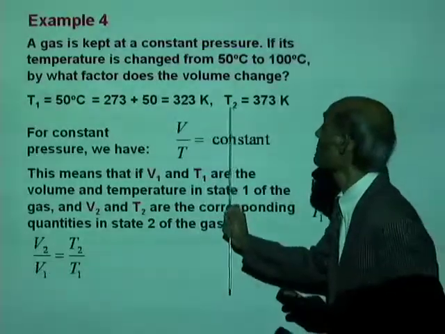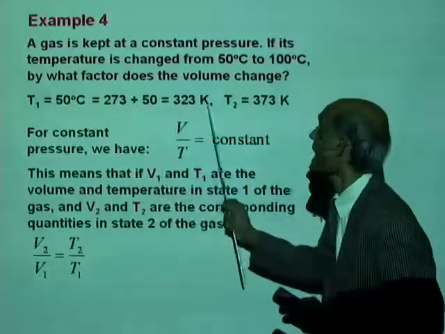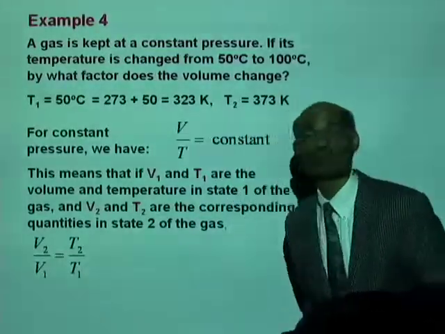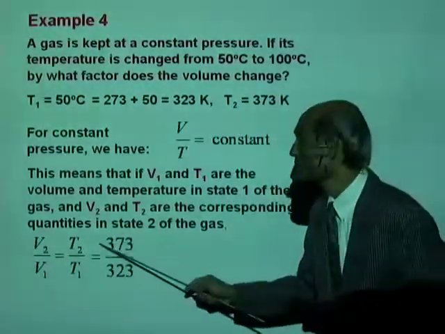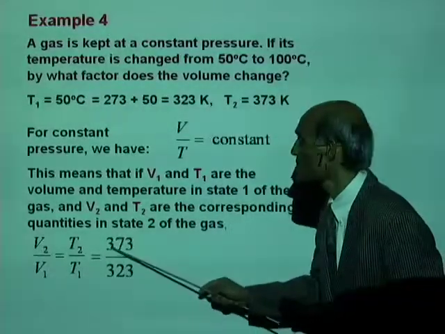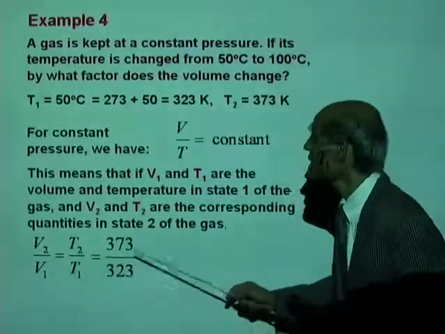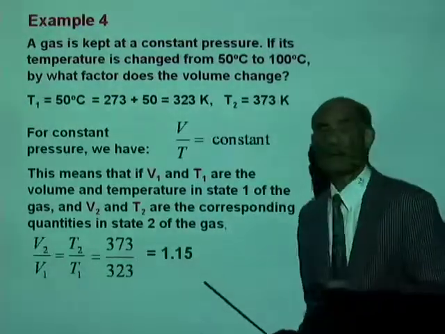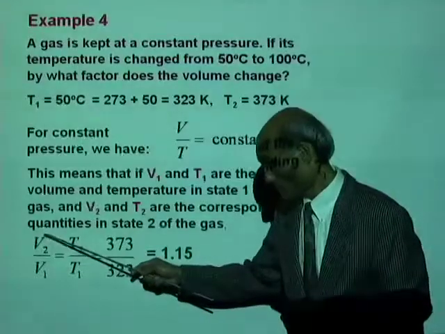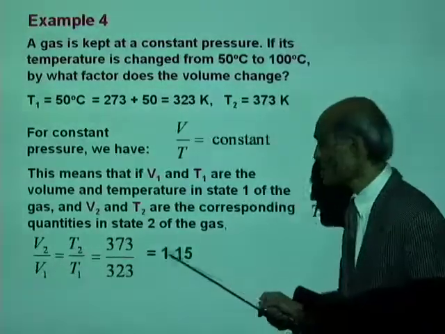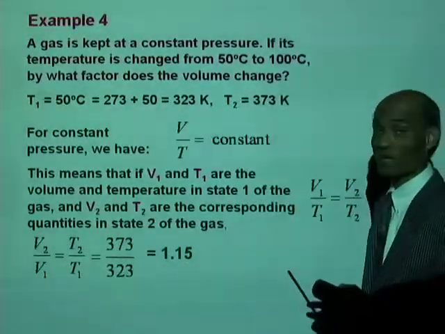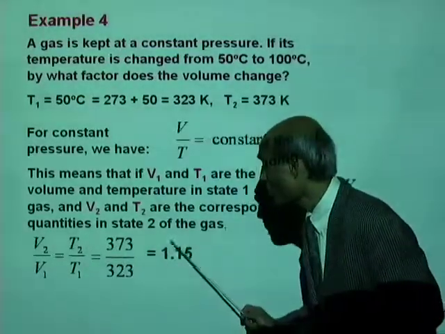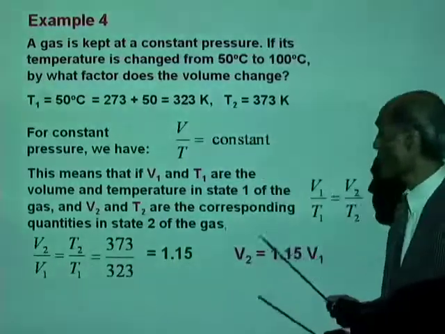We are given the values of T1 and T2, so T2 is 373 and T1 is 323, and that is 1.15. V2 over V1 is 1.15, which means V2 equal to 1.15 times V1.